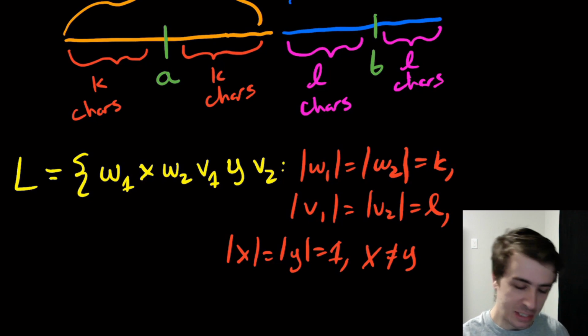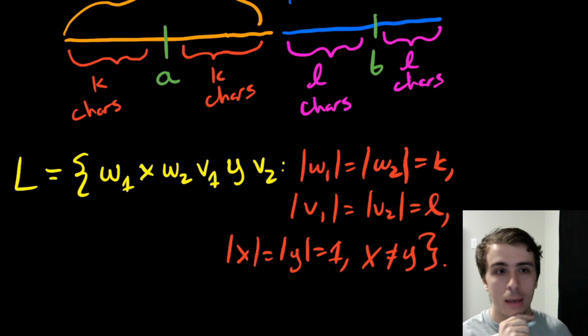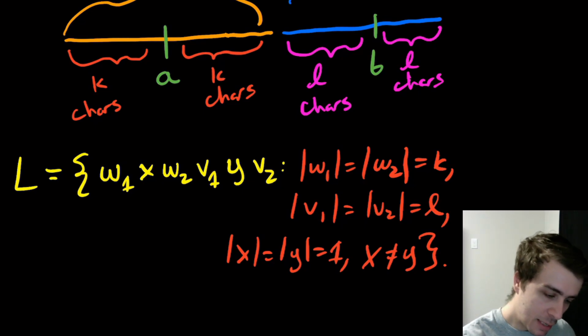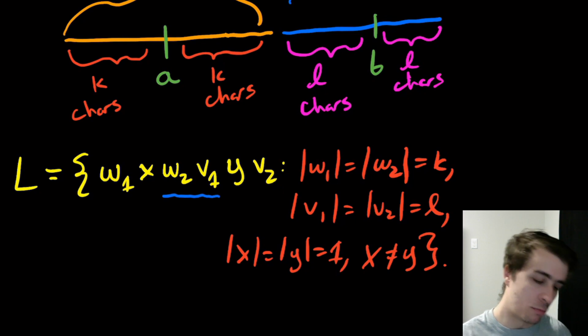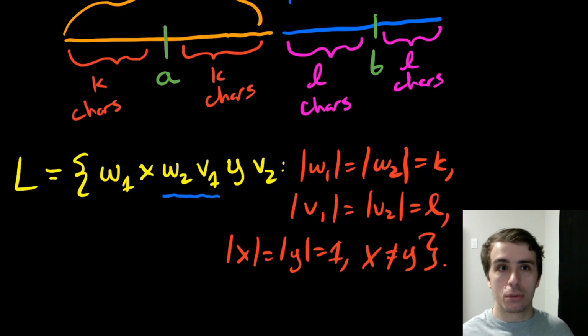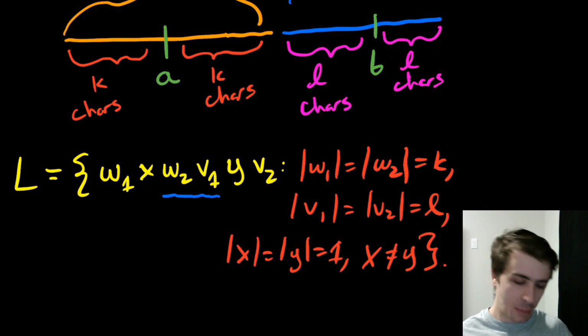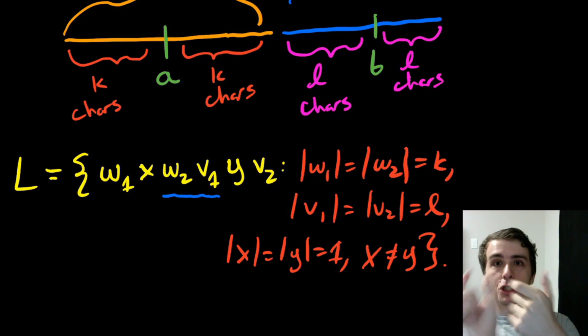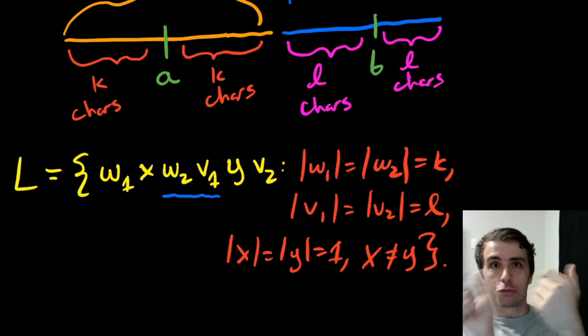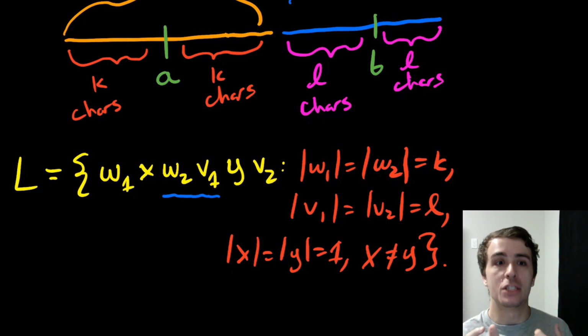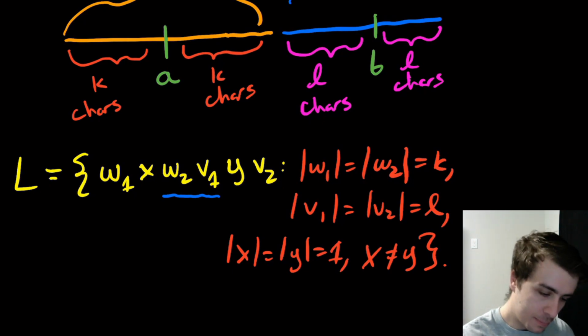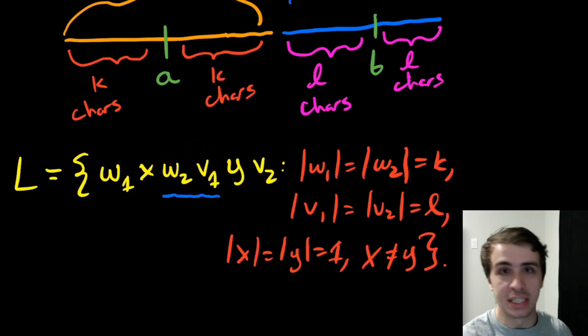And that's it. Okay, so what do we actually do here? The key for this question is to look at these two pieces right in the middle. So notice something interesting. I can actually swap the two. I can swap the V1 and the W2, and you would get exactly the same thing.